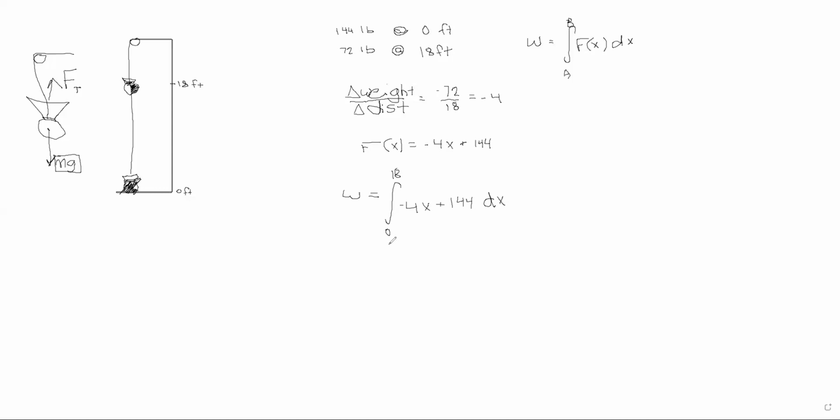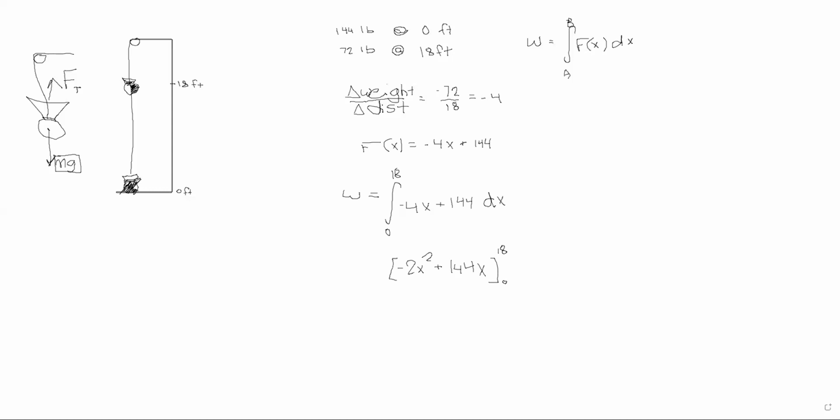Just take the antiderivative. The antiderivative of -4x is going to be -2x squared. And the antiderivative of 144 is just 144x. We're integrating from 0 to 18.